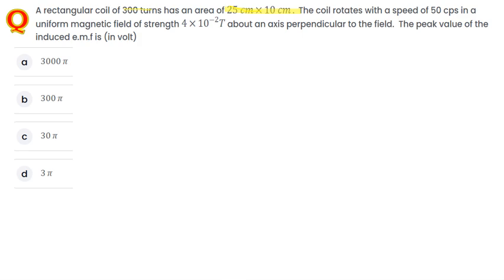The coil rotates at 50 cycles per second, that is revolutions per second, you can say the same thing. With the magnetic field perpendicular to the axis, they are asking for the peak value of EMF, the EMF in volt.